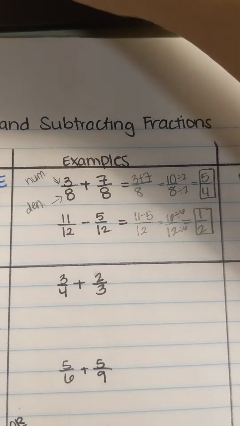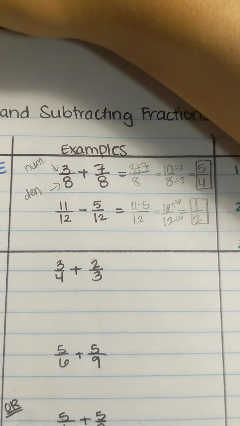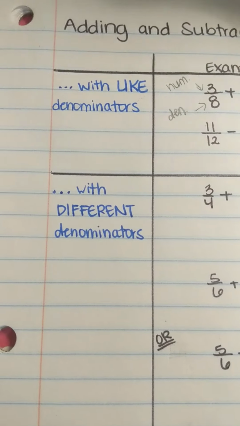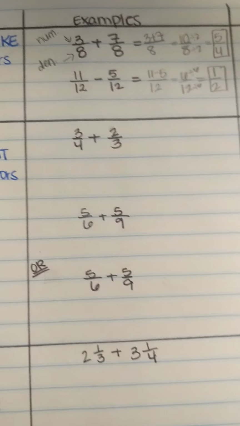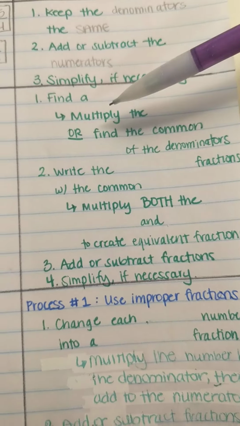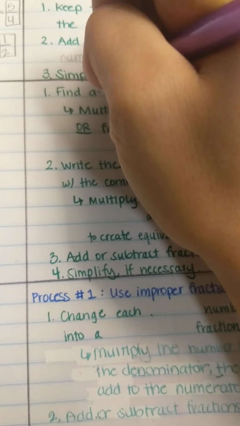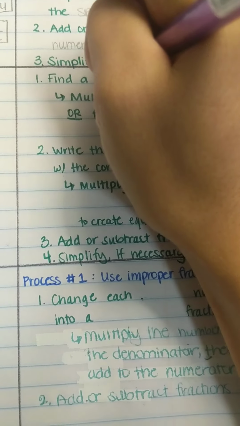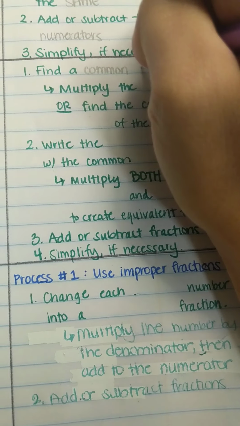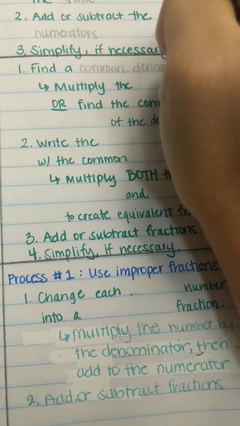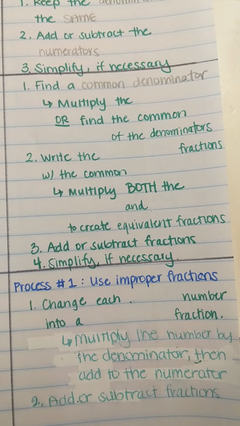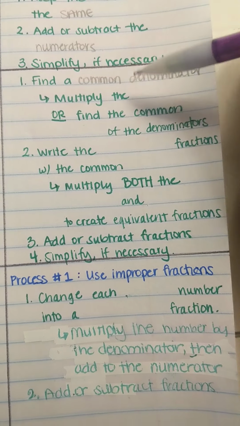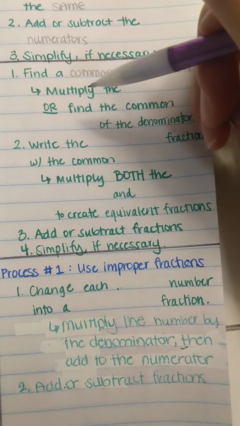Alright, there we are. So now we're going to talk about what happens when those denominators are different. Step 1, we are going to find what is called a common denominator. Basically there are two ways we can find a common denominator.